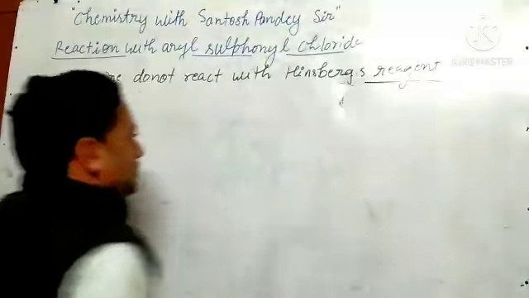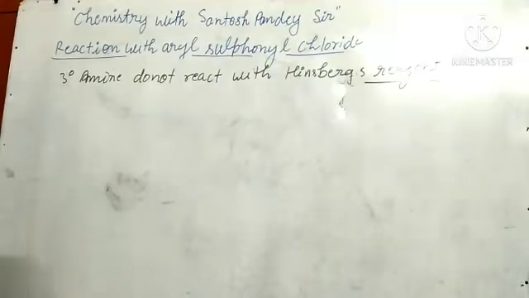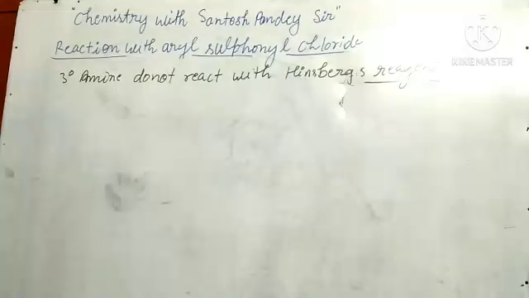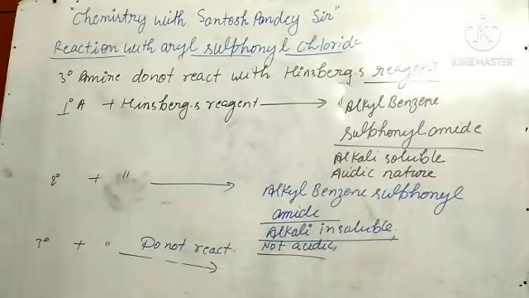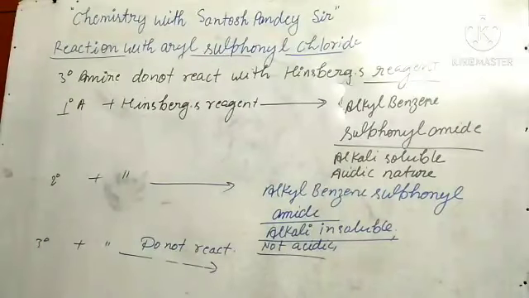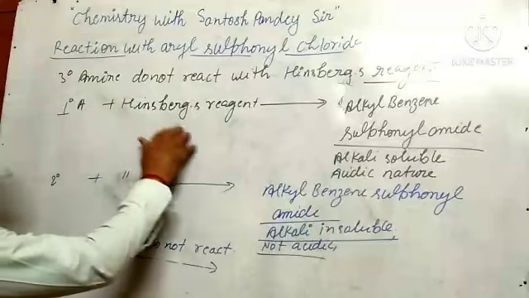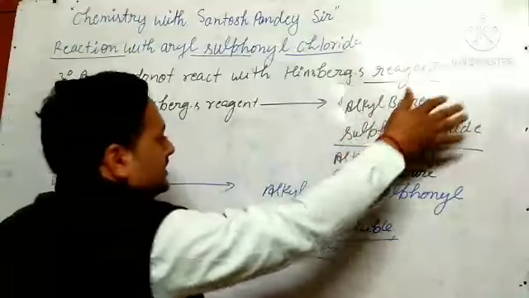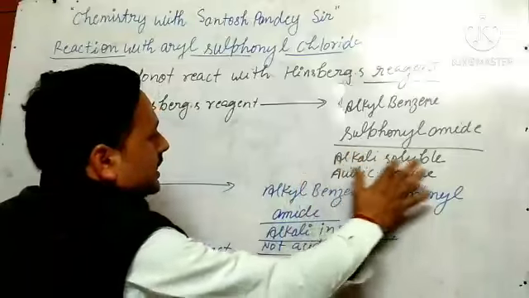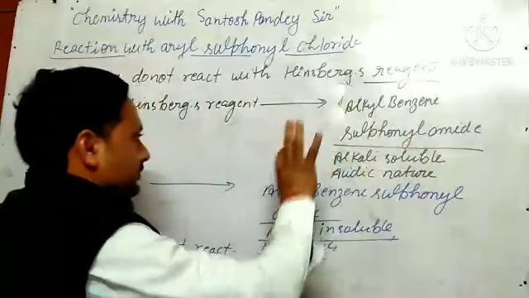Okay, so what we have seen here is that we can distinguish primary, secondary and tertiary amine. I can summarize it like this. Here we can see how we can differentiate primary, secondary and tertiary amine by using Hinsberg reagent. Primary amines react with Hinsberg reagent to form alkyl benzene sulfonyl amide or sulfonamide, which is alkali soluble and acidic in nature.